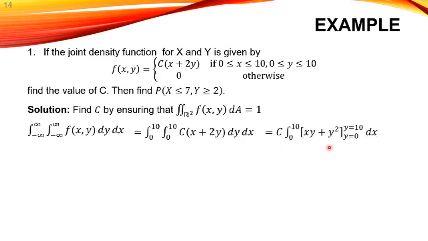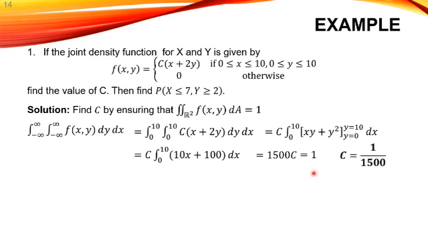Okay, then in performing the inner integral, we have 10x plus 100. And performing the outer integral, we will have an answer of 1500. Now this should be equal to 1 since we ensure that the total probability is equal to 1. So c is equal to 1 over 1500.